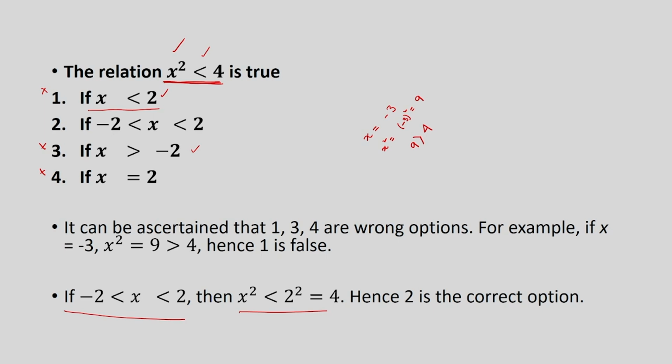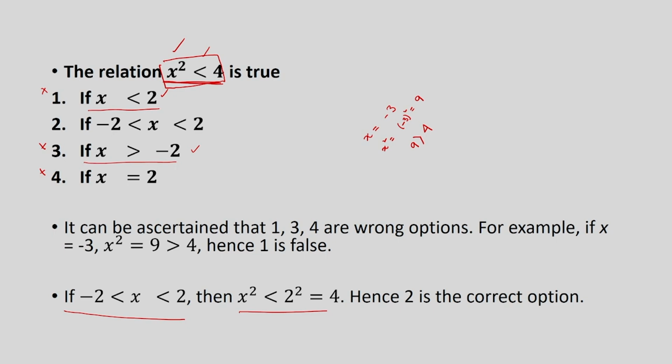What is important to note in this problem is that suppose you take x greater than minus 2. Now, if x is greater than minus 2, it might mean that x is equal to 0 also, and if x is equal to 0, then this relation will be satisfied. But that is for a particular value of x.